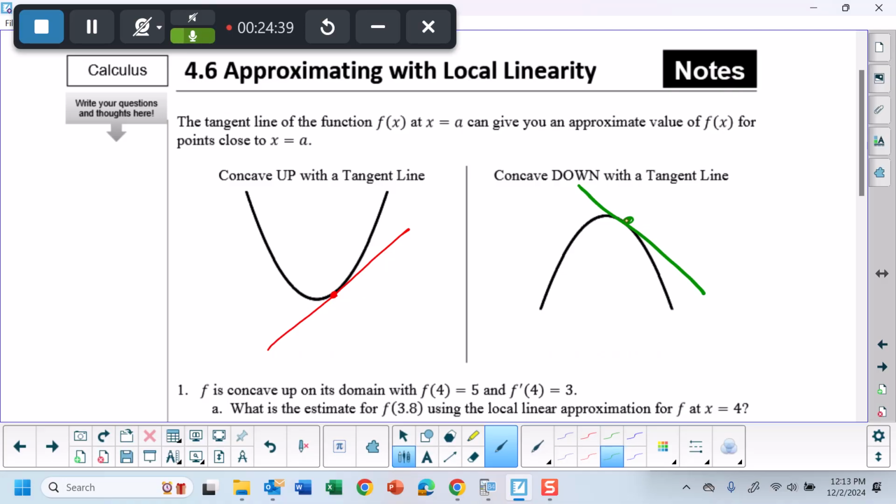So anytime that we have a concave up, and if you want to do our little rhyme, so that you know that it's concave up like a cup, then the values on this tangent line will be an underestimate.